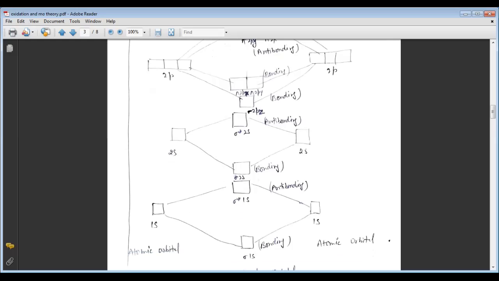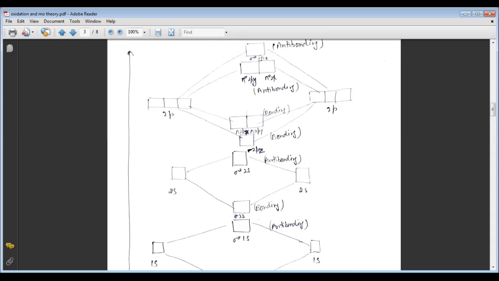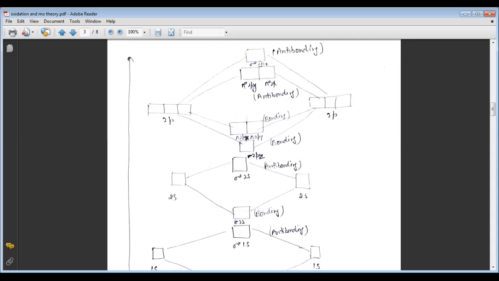It means that however many atomic orbitals we have, the same number of molecular orbitals are formed. Here we can see 1s, again 1s. So there are a total of two atomic orbitals, so there are two molecular orbitals. Again we can see 2s, 2s, so there are two atomic orbitals and two molecular orbitals also. And the third is the 2p.